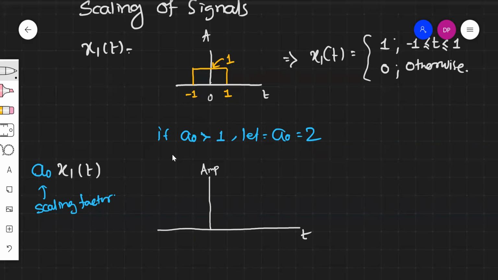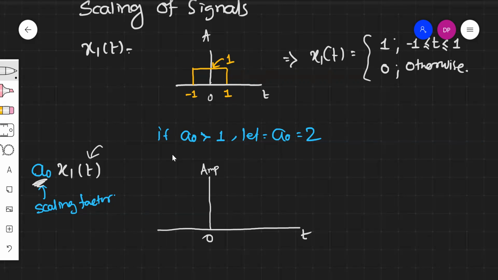Here I take amplitude. From -1 to 1, the amplitude was 1. Now from -1 to 1, time will not be changed, isn't it? So no scaling has occurred at the independent variable. Scaling took place only at a naught, the amplitude part.